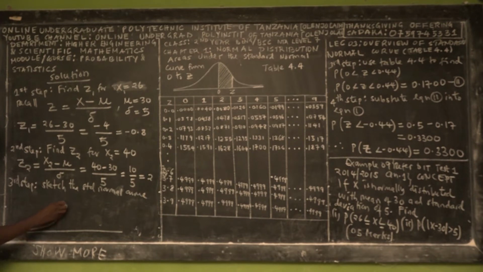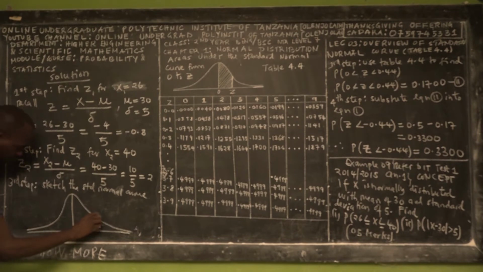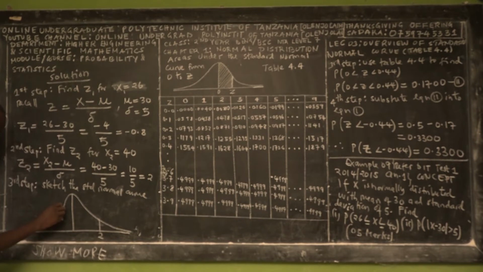Remember that it is a bell-shaped structure. You might find that sometimes the symmetry is not the same, but this is the meaning of sketch. So the corresponding value of the 2 is 2, and the corresponding value of the 1 is negative 0.8.